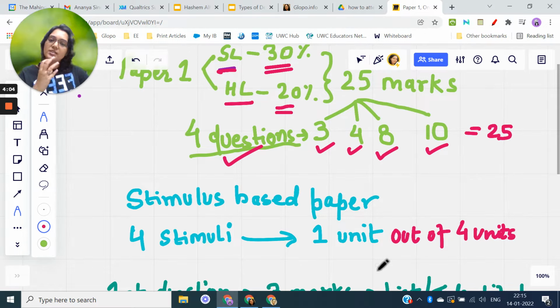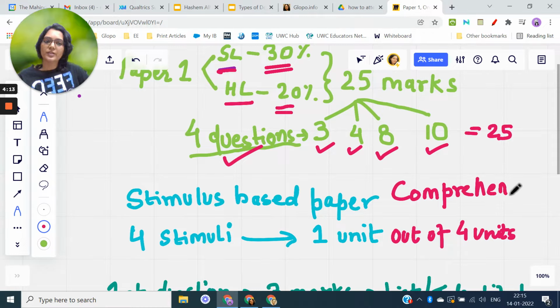So, clear, this is a stimulus-based paper, or you may call it a comprehension-based paper as well, where 4 paragraphs, 4 stimuli, would be given.